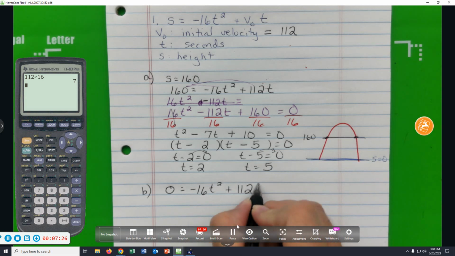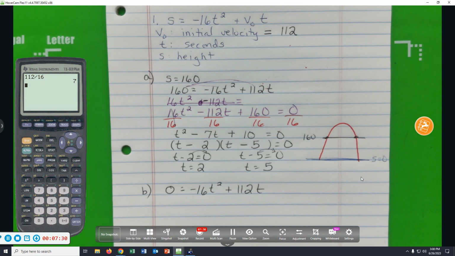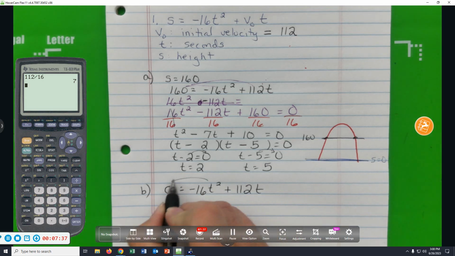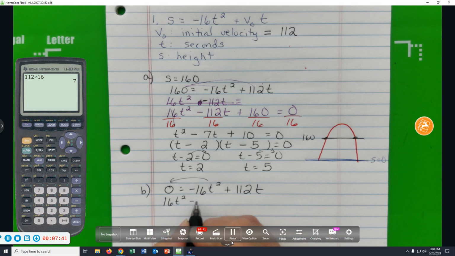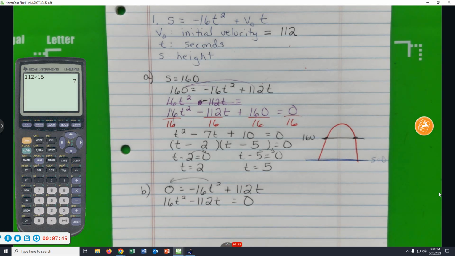The initial velocity is still 112. Now, how do we solve this? I don't like that negative there in front of the t squared. So I'm going to write it as 16t squared minus 112t equals 0.